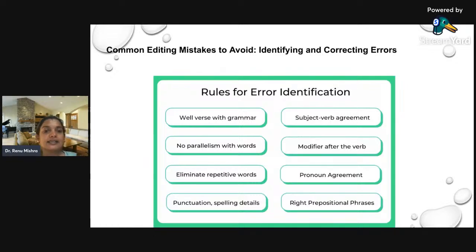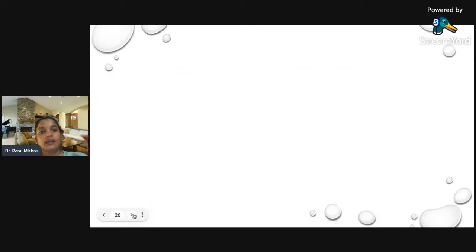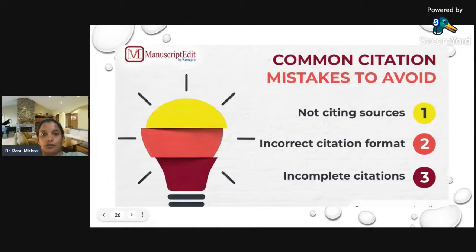Prepositional phrases, these are some of the grammatical sides. Another thing I am telling you is on the citation side; the earlier ones were on the grammar side.